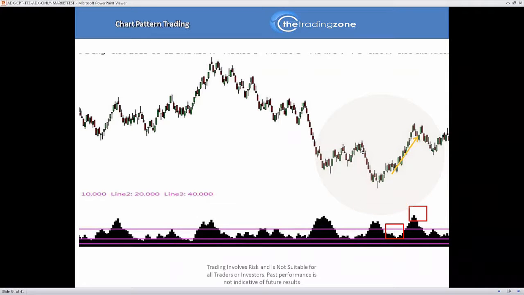So here's, oh yes, in terms of the overbought, oversold, 10, 20, and 40, those don't change. Those won't change whether you're day trading, swing trading, whether you're using a range chart, a day chart, right? Those are always going to be the same. It's nice and easy.